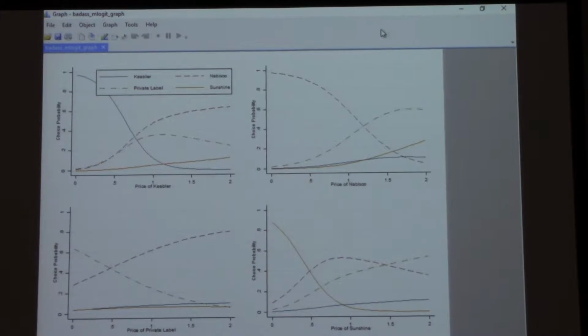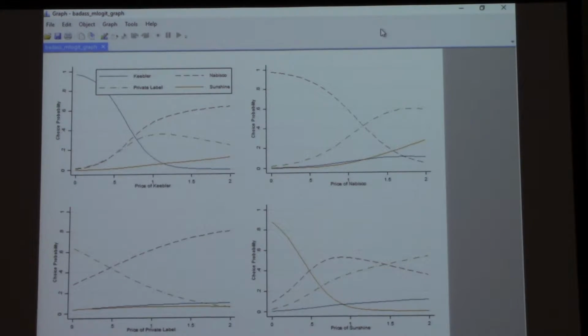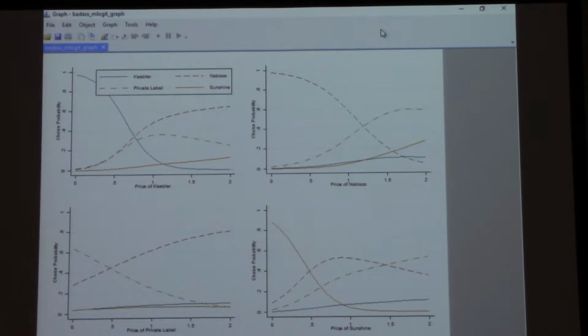For the market leader, remember, they had 60%. When we're not buying the market leader, we're going to generic or private label. Very little effect on the two premium brands, which are Keebler and Sunshine.